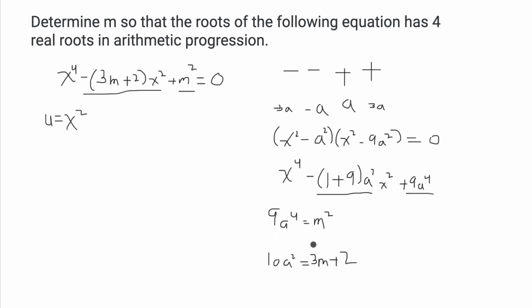In particular, we have some options, but what's the easiest way to do this? If we take a square root, we get that m is equal to plus or minus 3a squared. So we can substitute that in down here.